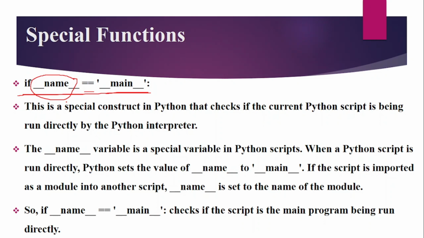When you're running your Python script, the value in this variable is assigned to __main__. This happens only if you are running the Python script directly with the help of the Python interpreter.